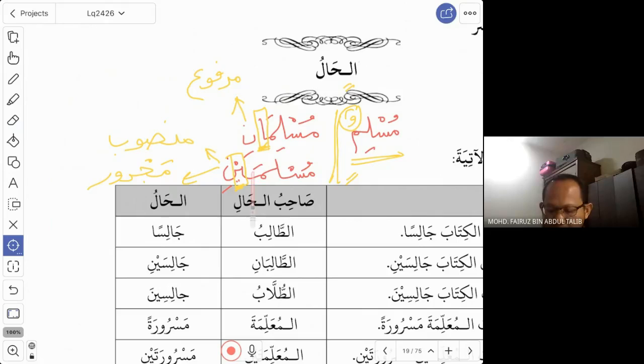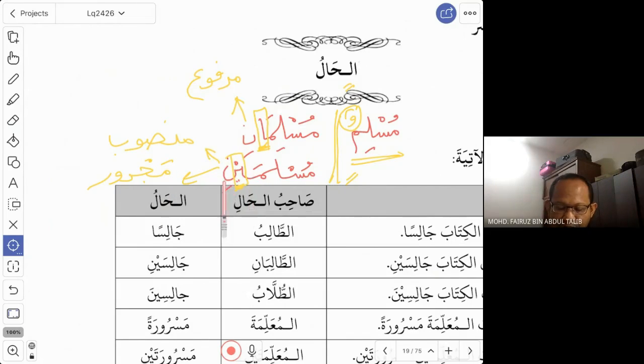Again, I repeat, Muslimani has this alif. The alif version of musanna is used when the word is in the state of marfu. But when the word is in the state of mansub, as in our example here, or in the state of majrur in another lesson, then you have to use the ya version.